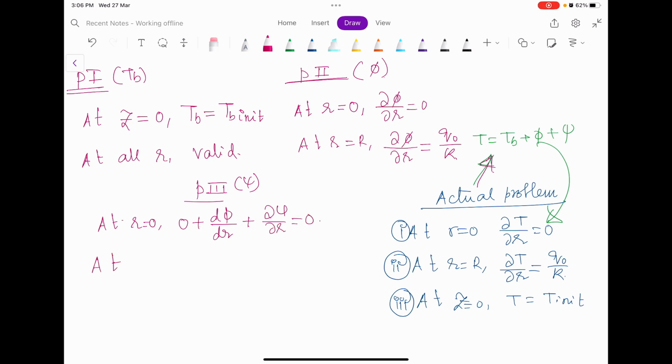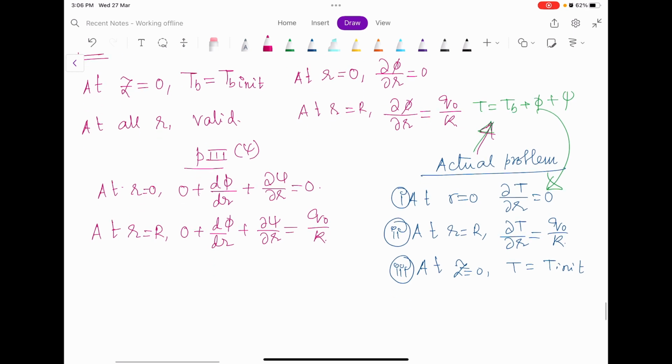So at r equal to R, again this will yield the same LHS, right? This is equal to q naught by k. At z equal to 0, here tb plus phi plus psi should be equal to t init.